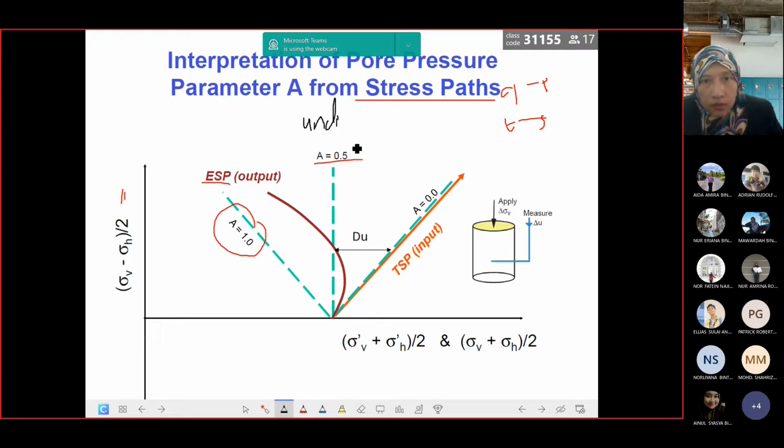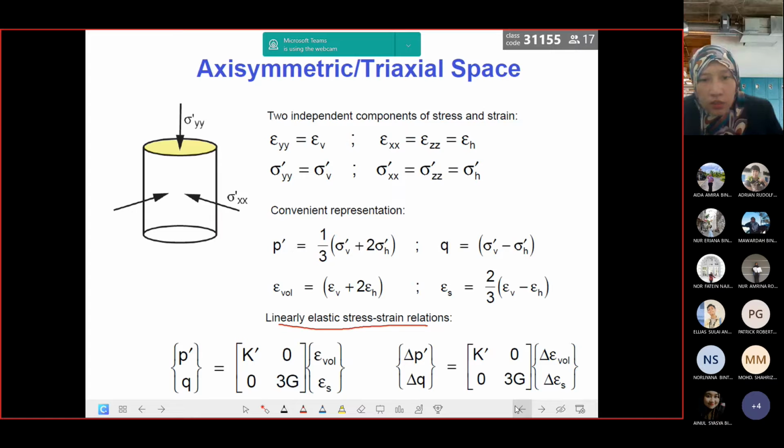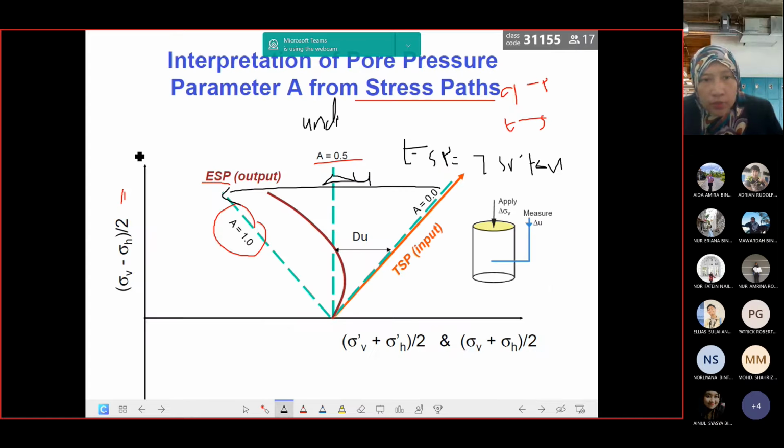So bila you ada undrained ni, you akan nampak lah the effective ESP ni dia adalah satu kaitan yang mana ESP is equal to TSP plus dengan delta U, delta UF. Okay, tadi ni kalau you tengok ni dia boleh presented dalam T dan juga S or Q dan P spaces.